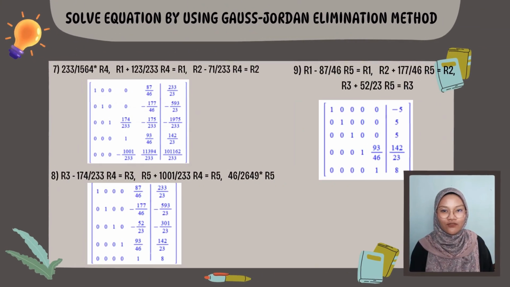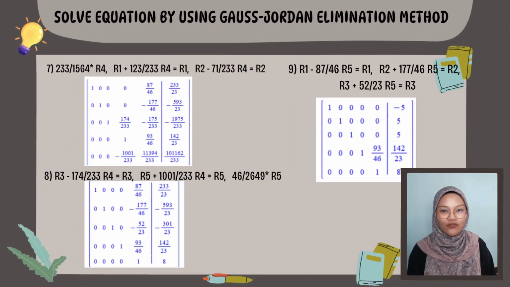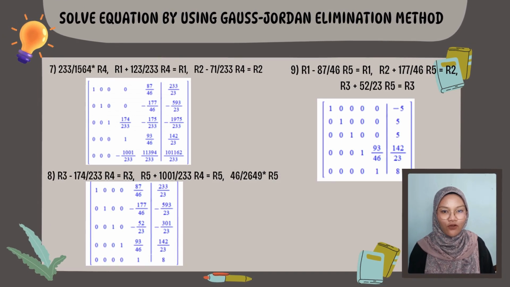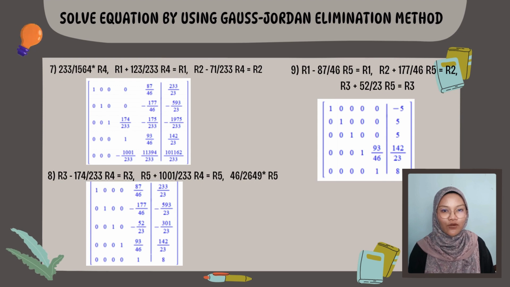Next, 233 over 1564 multiply by row 4. For row 1 plus 123 over 233 multiply by row 4. Row 2 minus 71 over 233 multiply by row 4.